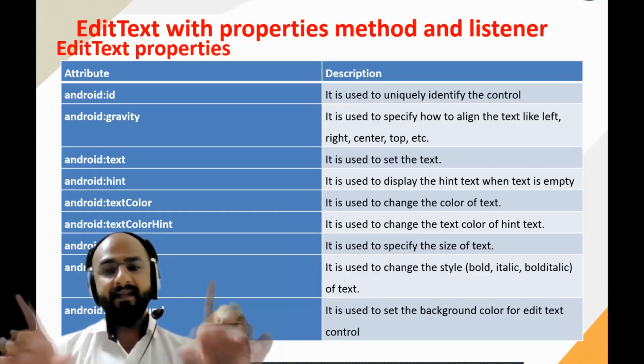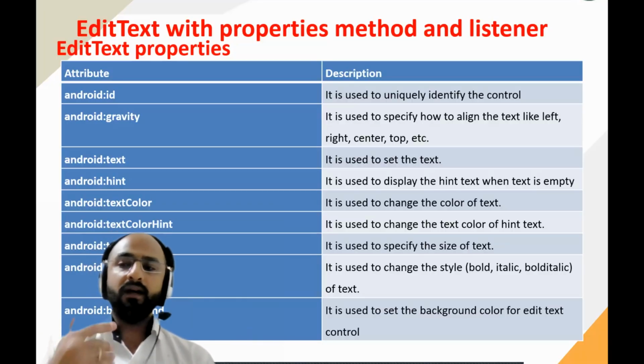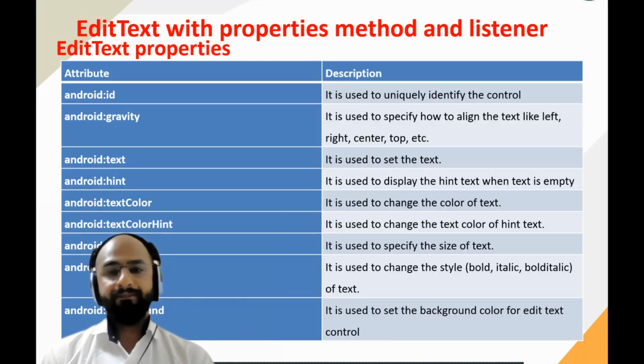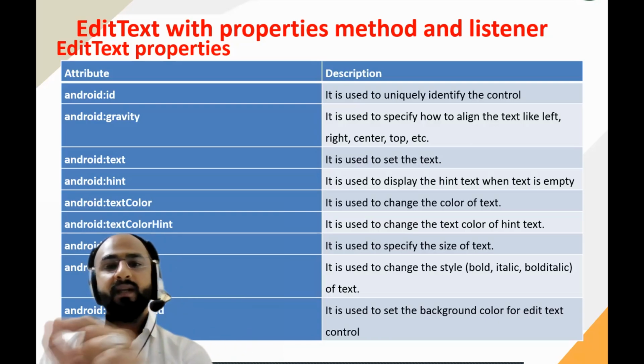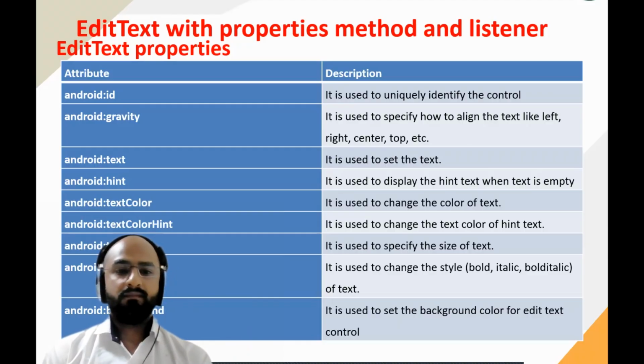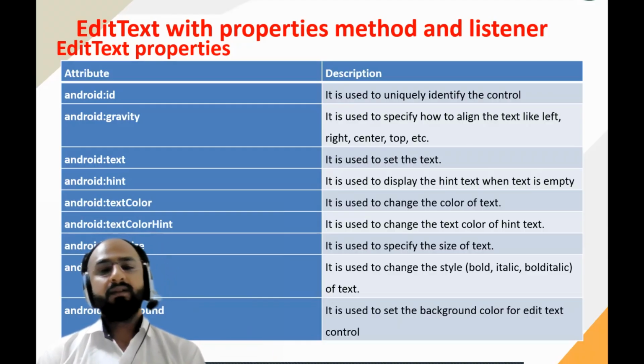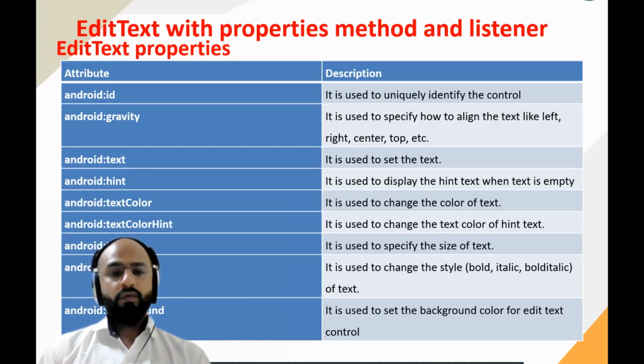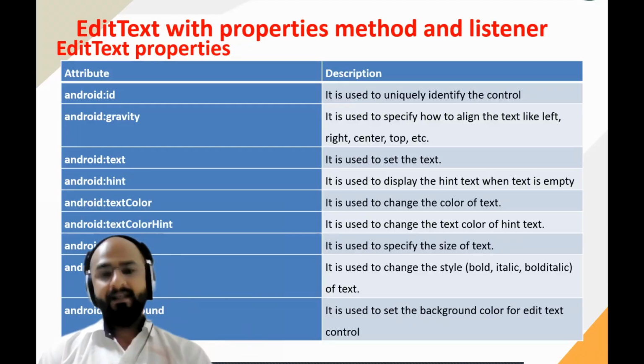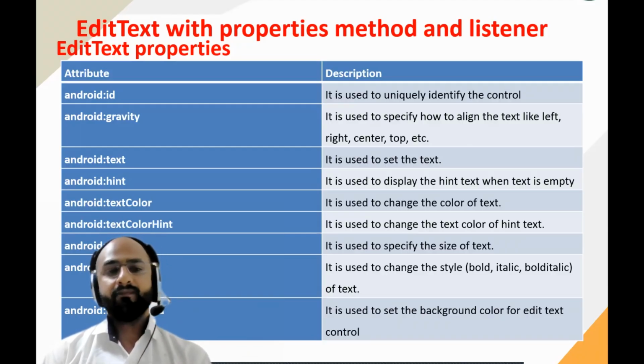For example, if there is an EditText and you need to take the email of the user, in the hint property you can write something like "Enter your email here". So this is the hint text that we have provided to the user.